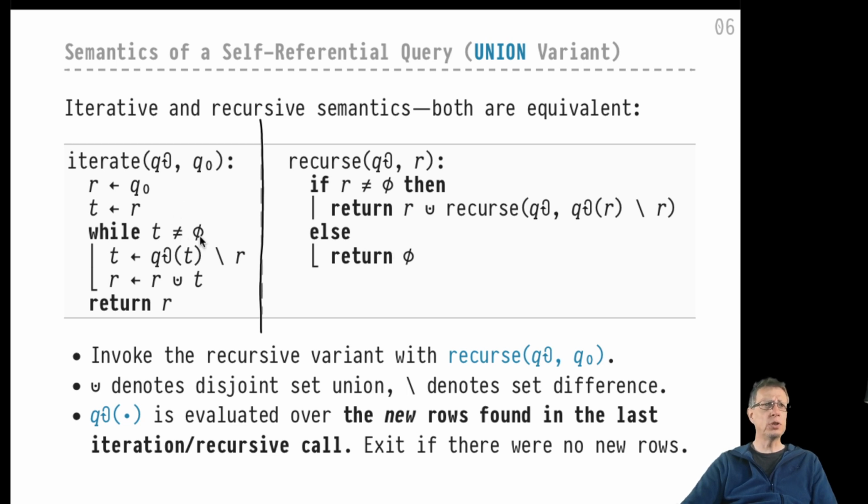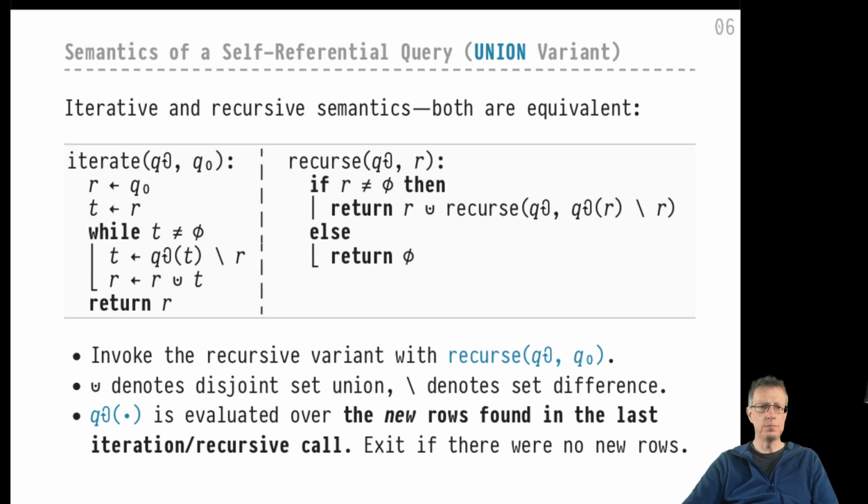This would be more the iterative, imperative, state-based version of the semantics, you see that we are assigning values to variables here and then change them later. This would be the functional version of the same variant. So both programs compute the same thing. You can look at both variants and both will yield the same result.